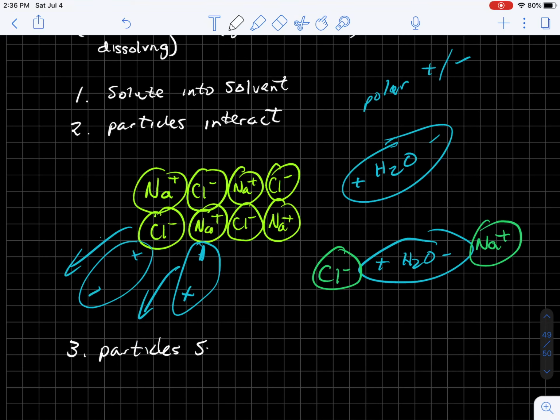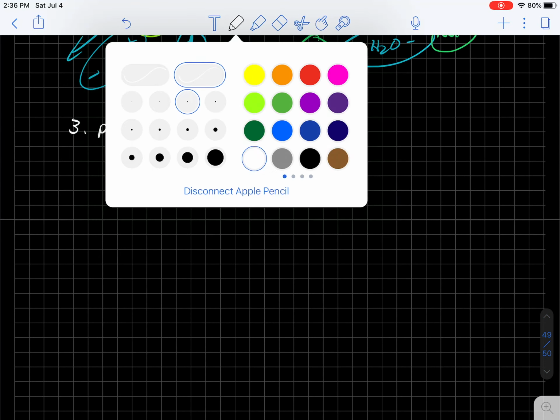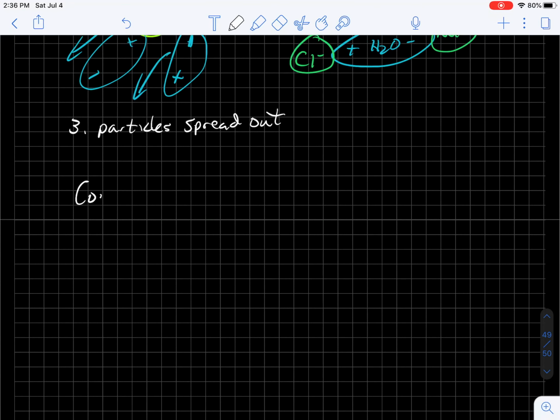And then three, the particles spread out. We're going to go into this in detail in another chapter, but when they spread out, we call this Brownian motion.